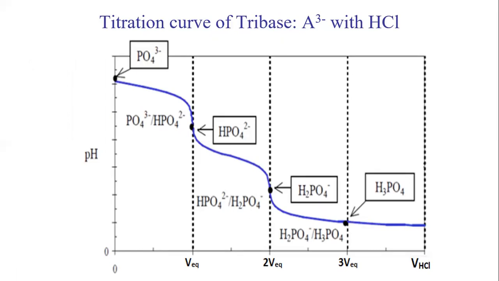Okay, this is a titration of a tribasic species, and in the tribase, we start with the A3 minus, or PO4 3 minus here to be exact, and we usually have an initiation here. They don't really show an initiation point, but you actually do have kind of a curvature coming down, and then you have the first equivalence, and then another sharp change in pH, a little bit of a sharp change, a second equivalence, and then no third equivalence shown, but there is actually a third equivalence here.